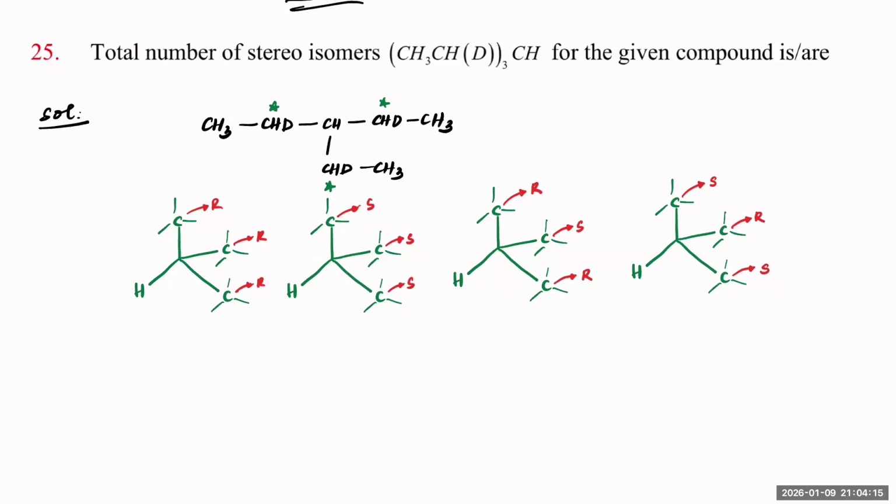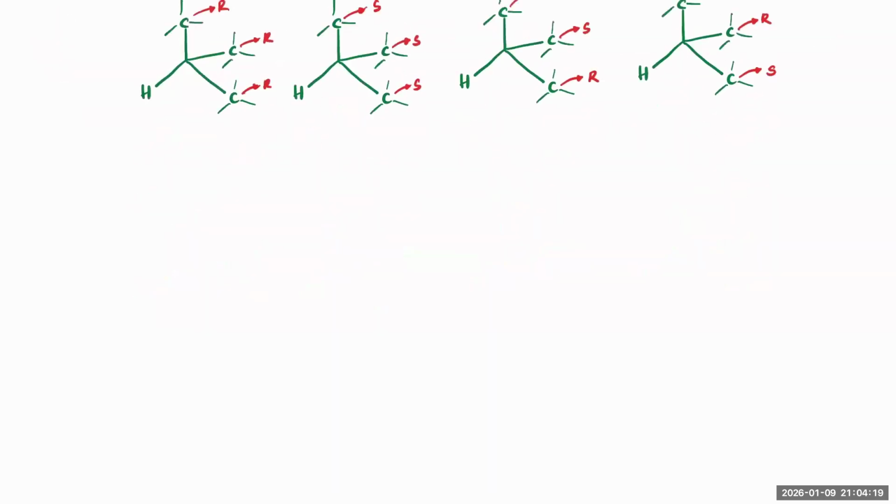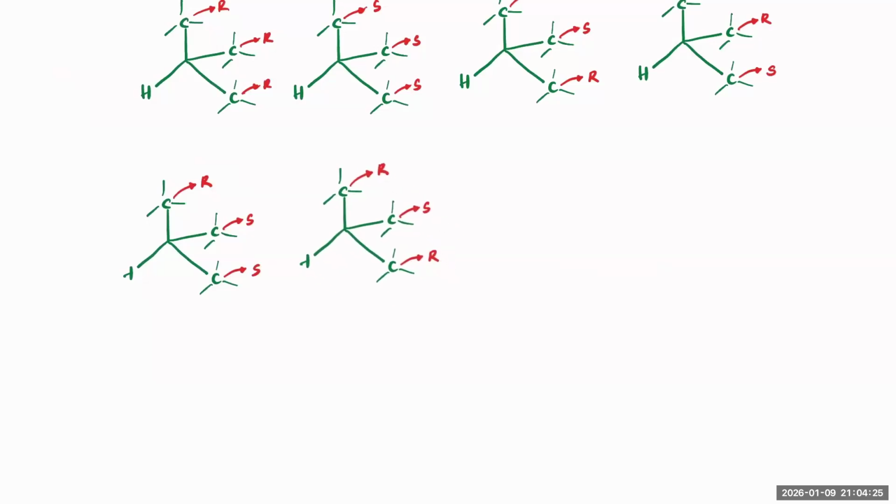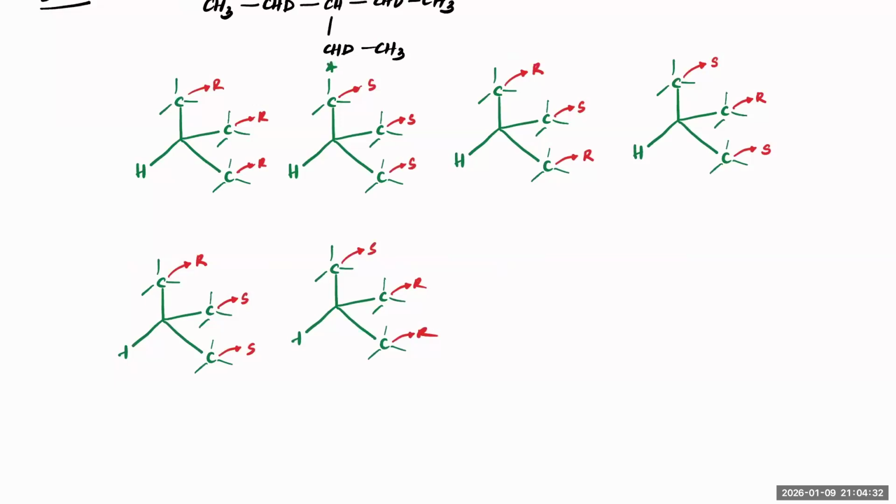Now, what might come into our mind is, sir, what about having, let's say, RSS here and writing a mirror image as SRR? Now, see the problem. SSR here, I have already written SSR.